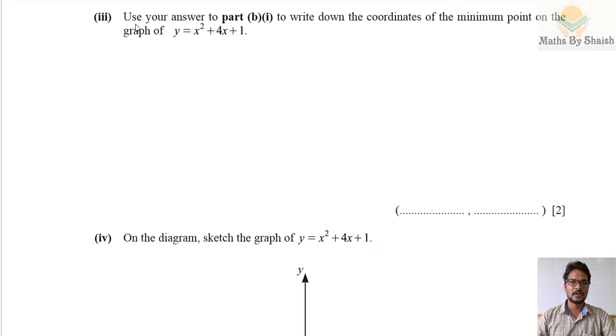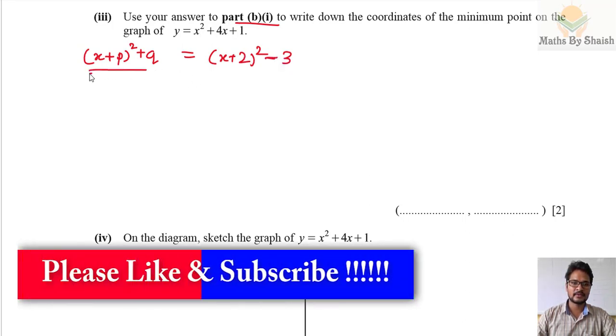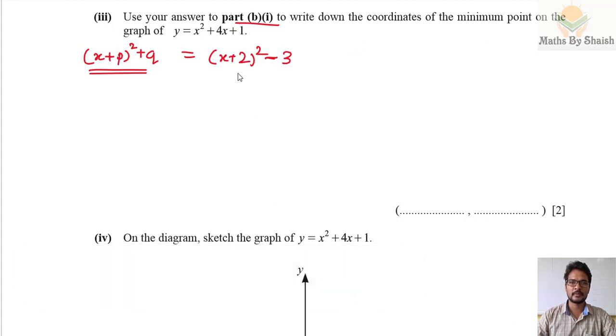Here's the third part. Use the answer to part (b)(i) to write down the coordinates of the minimum point on the graph of this. From the first part we got the form (x + p) squared plus q, and we got this as (x + 2) squared minus 3. If we have something like that, we can write down the coordinates of the minimum point.